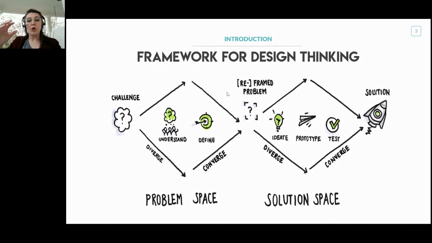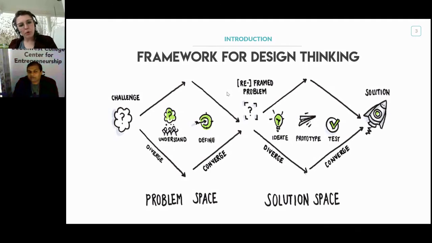Then in the middle, before we go into that solution space, we see a reframe of the problem. This is also a really important part that a lot of times people skip, okay? Because when you're given a challenge or a problem initially, sometimes it's not the right problem, right? So as we go into that problem space and work on understanding and defining what that looks like, we may get to a point where we say, you know what, the challenge or the problem we've been given isn't actually the problem.